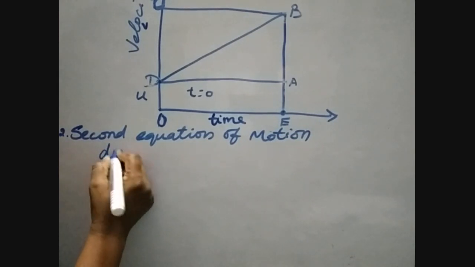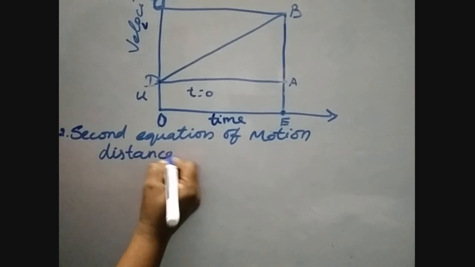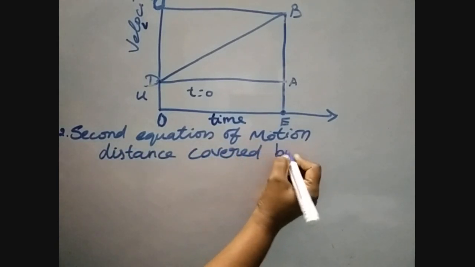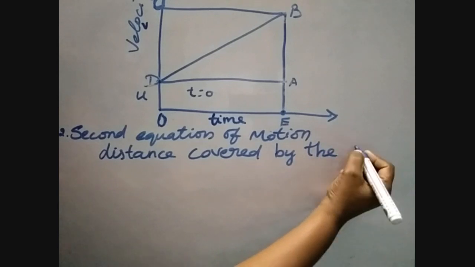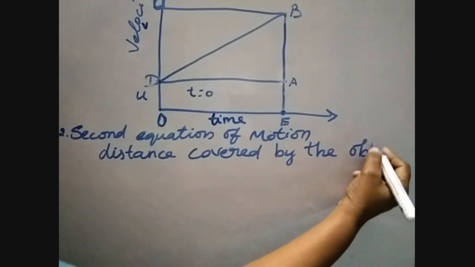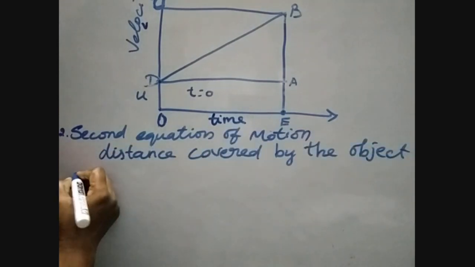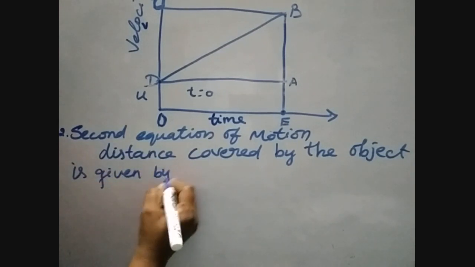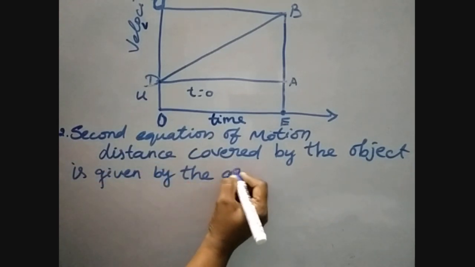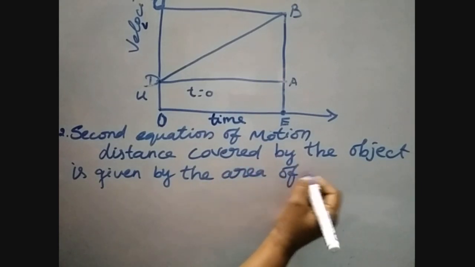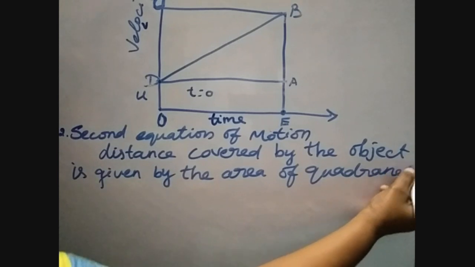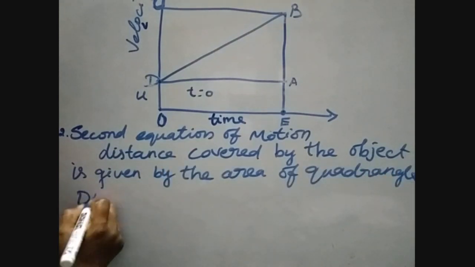The distance covered by the object is given by the area of quadrangle DOEB.